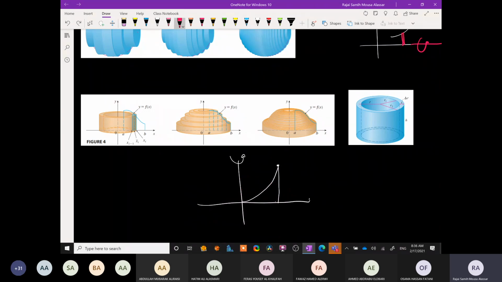But there's another way of doing this: you take a sample that is parallel to the axis of rotation. If you try to rotate that, you see what will happen, and this is going to come exactly on the other side here.